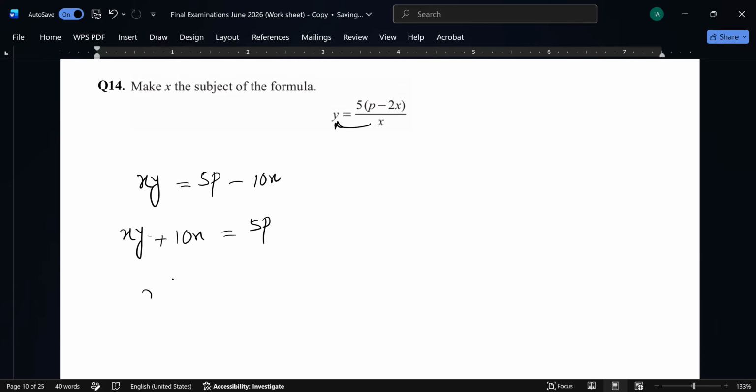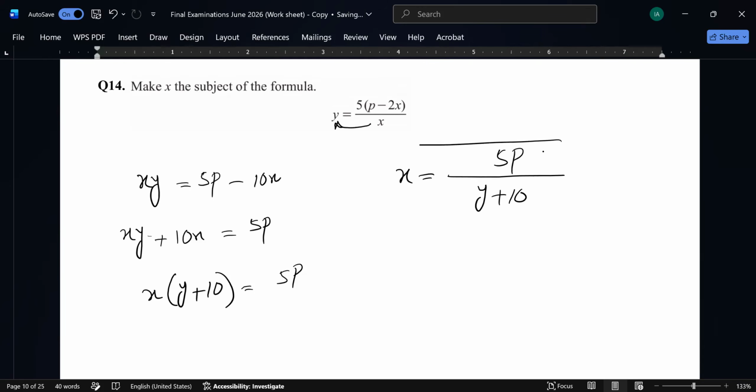It's going to be x times (y plus 10) equals 5b. Let's make x the subject, moving y plus 10 to the right, which is 5b divided by y plus 10. This is how we made x the subject.